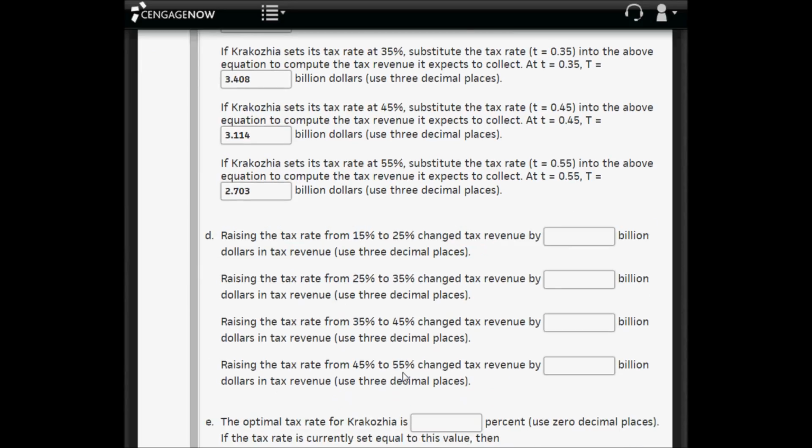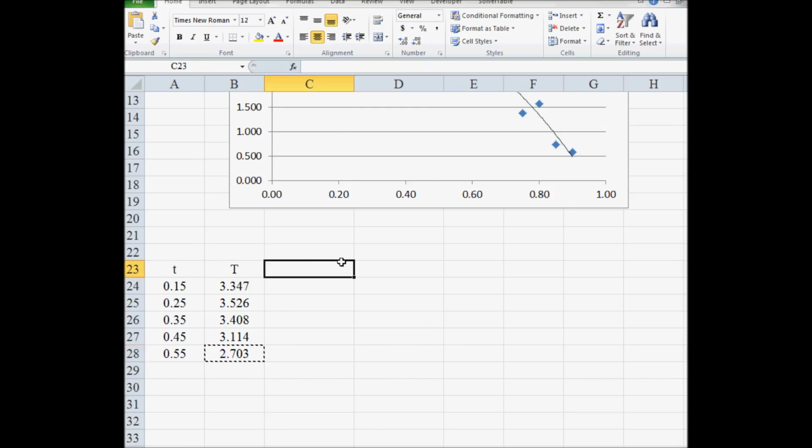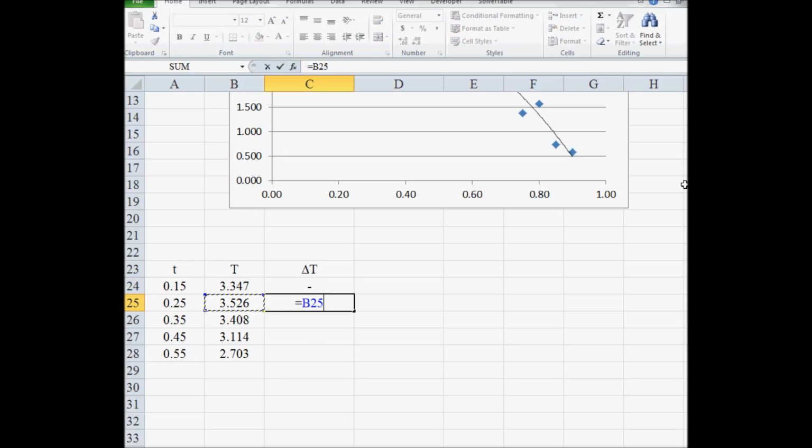Now down here in part D, we want to calculate how much tax revenue changed by when the tax rate was raised from 15 to 25, 25 to 35, 35 to 45, 45 to 55. So we're going to call this delta T. We can't calculate that difference in taxes, but I can calculate this difference in taxes.